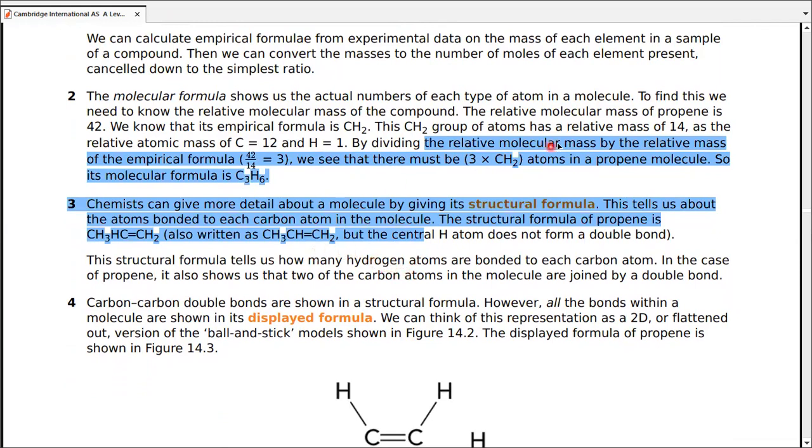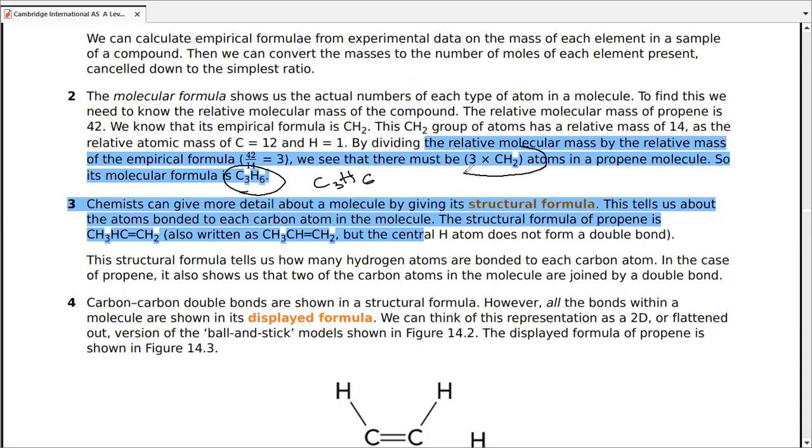So for example, if we still talk about propene, we know that the relative molecular mass is 42, and that is CH2 multiplied by 3, or 42 in the form of C3H6. Whichever way you're going to do it, it is going to give you the same answer. So both of these methods are very important. I hope you understand that C3H6 is 3 multiplied by 12, 36, plus 6 is equal to 42.